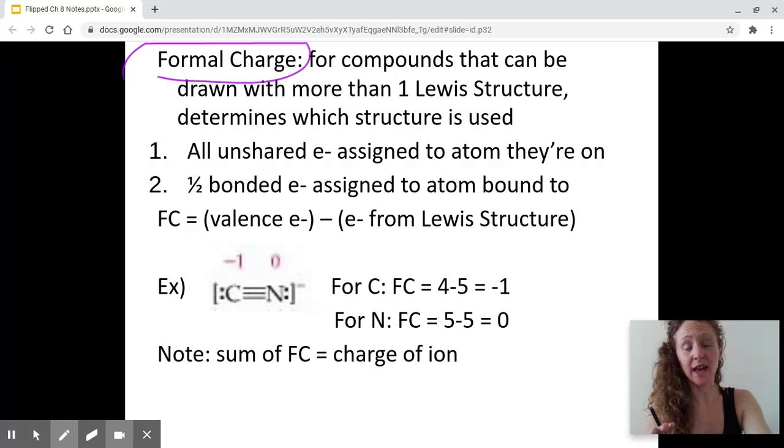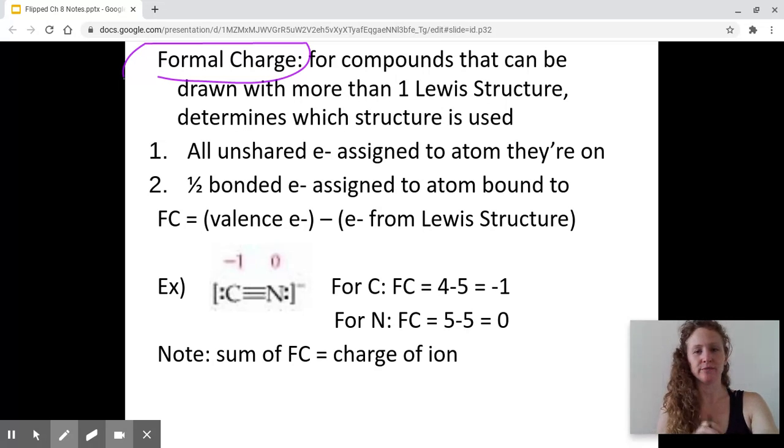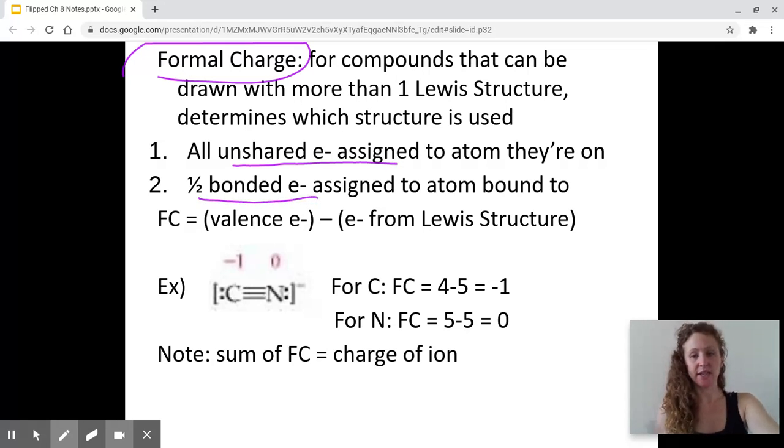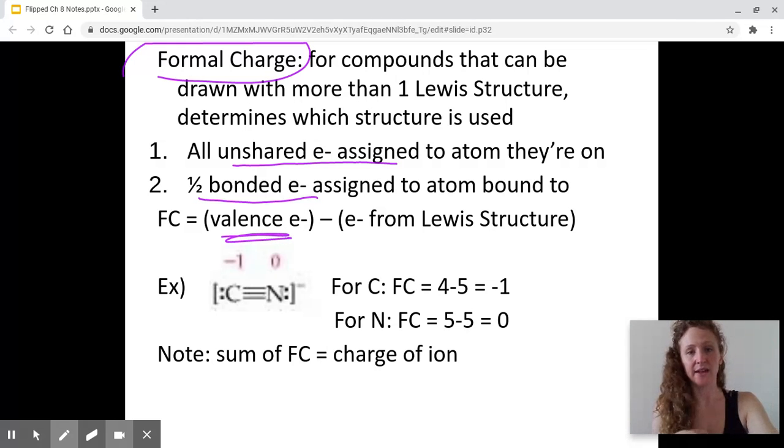It's just a method that helps us decide which Lewis structure matches the actual molecule. It's kind of like an addendum to the Lewis structure, the localized electron model. Here's how formal charge works. You take all the unshared electrons assigned to an atom, and you also take half of the bonded electrons assigned to an atom, and you subtract that from the actual valence electrons on that atom.